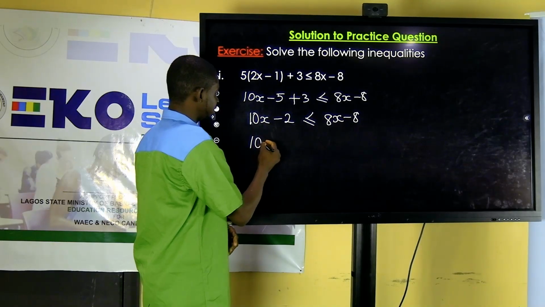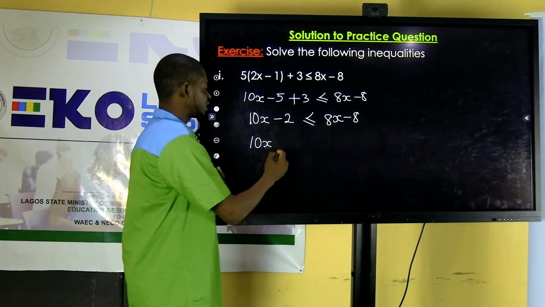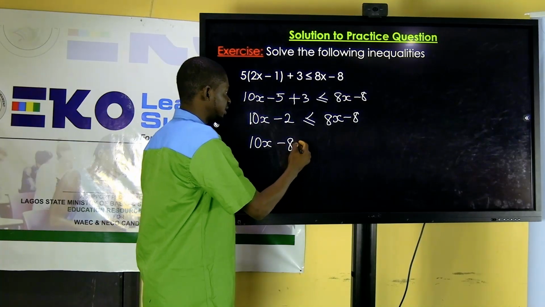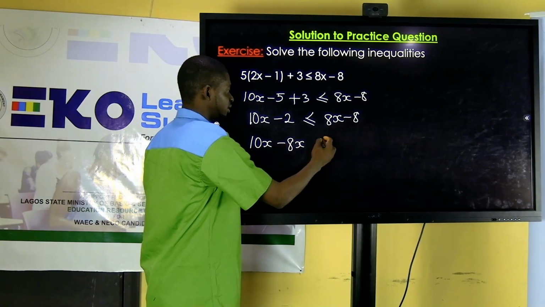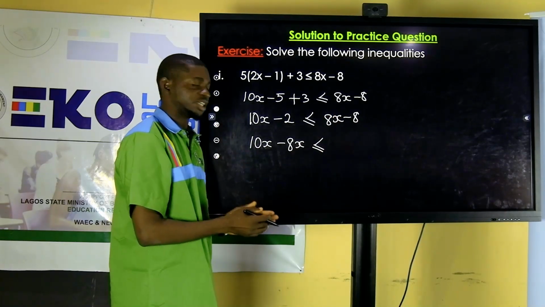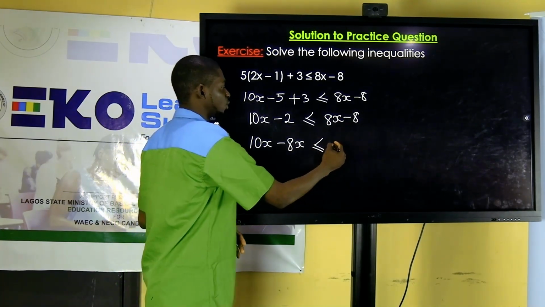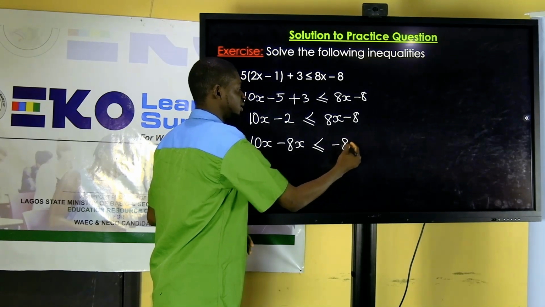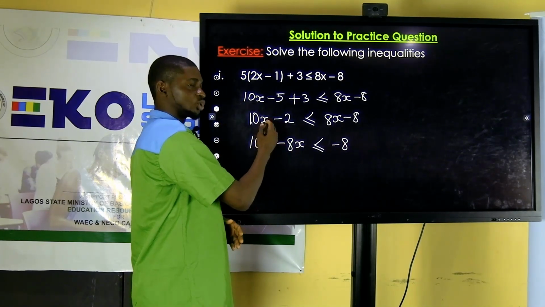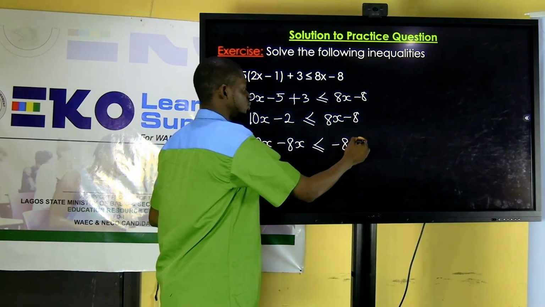So we have 10x; bringing this 8x to the left-hand side, it becomes negative 8x, less than or equals to this negative 8. It will remain negative 8 because it's still on the right-hand side of the inequality. We are bringing this negative 2 to the other side of the inequality. It becomes positive 2.